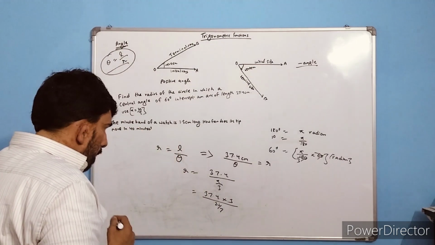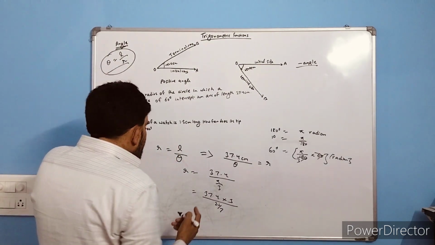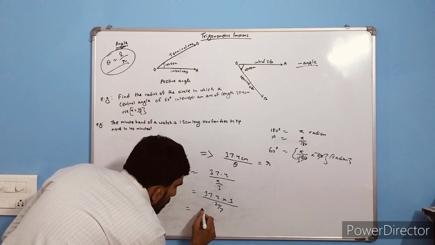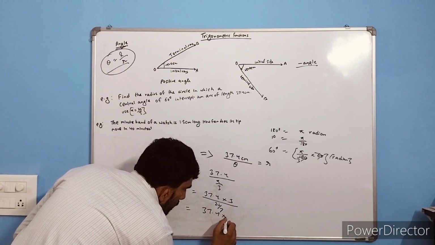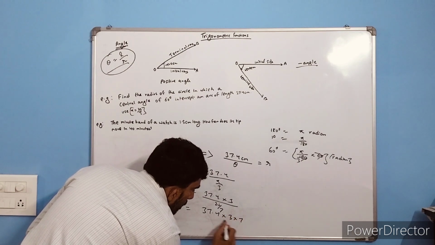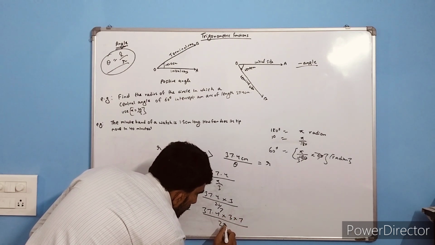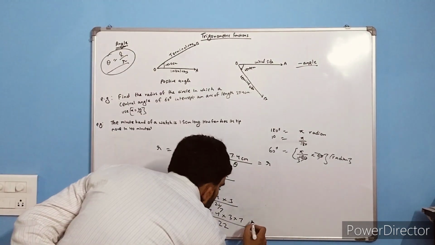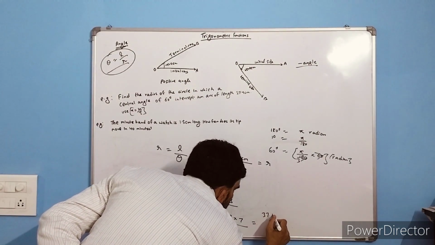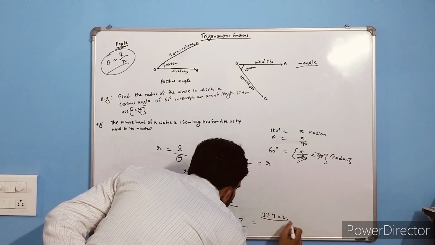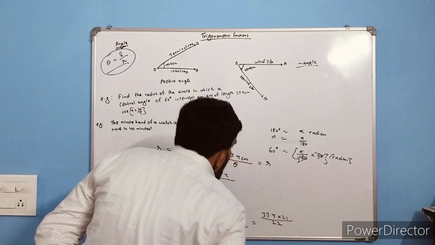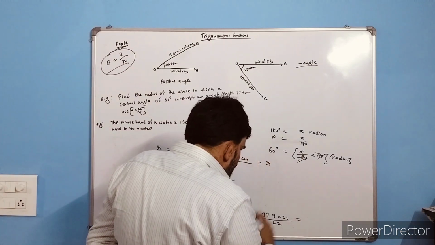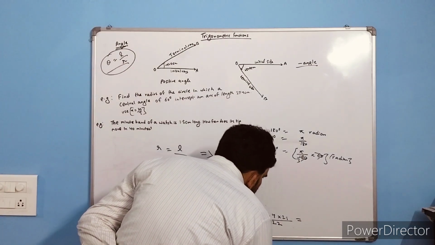It's very easy: take the 7 up as well, so 37.4 into 3 into 7 upon 22. Now we can easily find its value. Just multiply it into 21 upon 22. After that we can multiply and find the value.